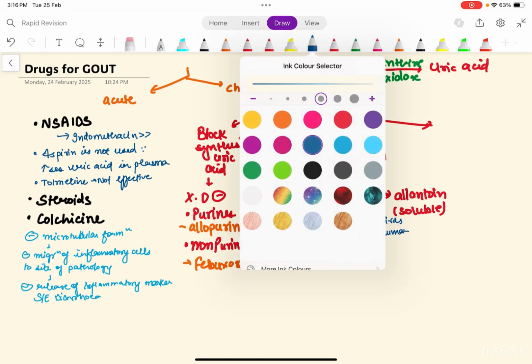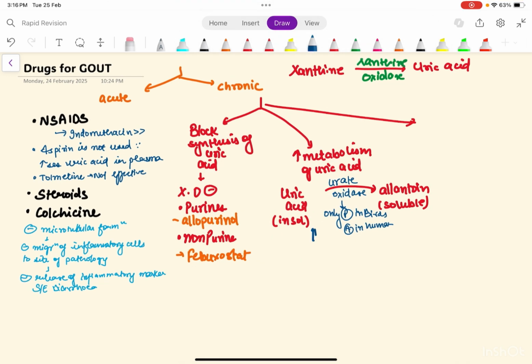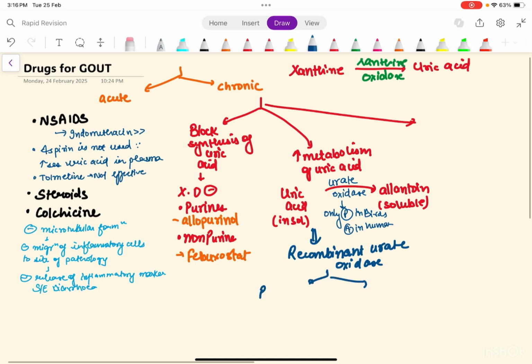So basically we give recombinant urate oxidase analogs. So we give recombinant urate oxidase. Now in this we have two, which is rasburicase and pegloticase.